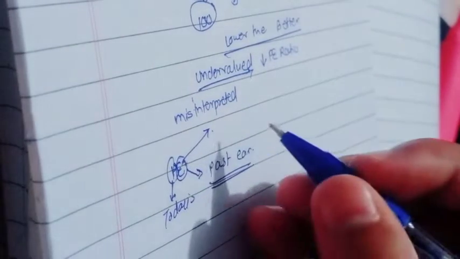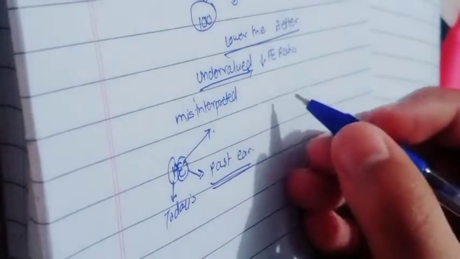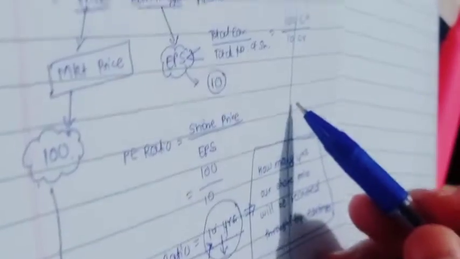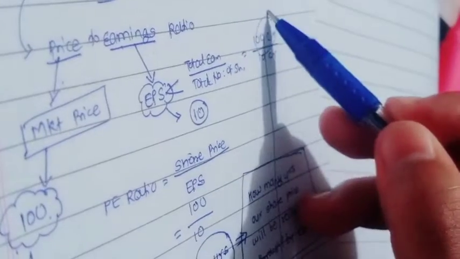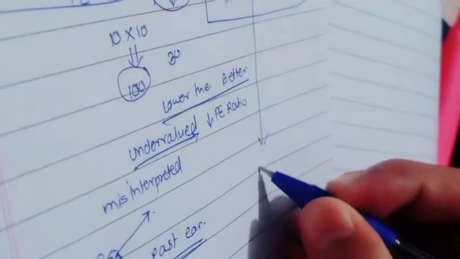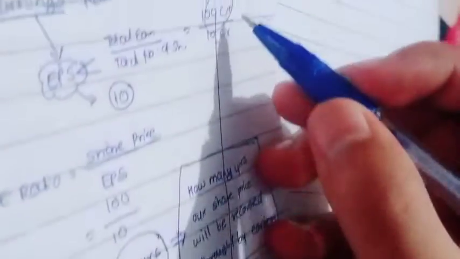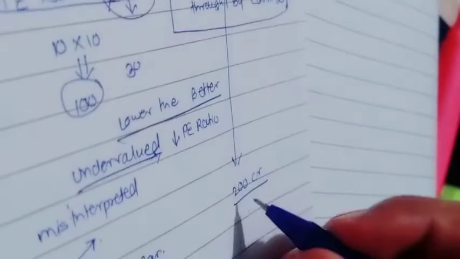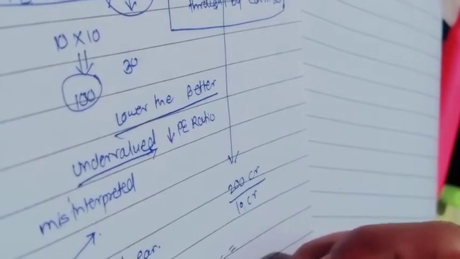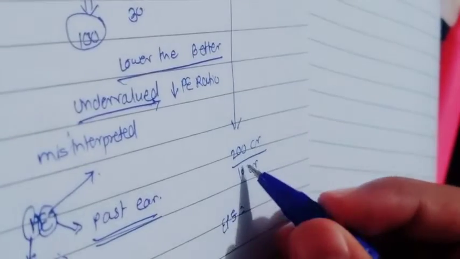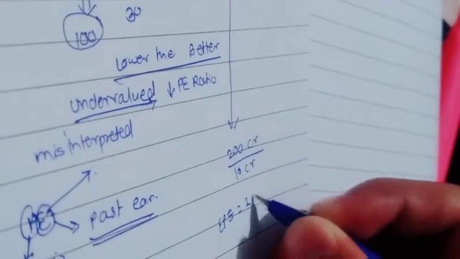So the future earnings can be very high. Suppose in this year our earnings were rupees 100 crore till now, but let's suppose now our earnings will be 200 crores and the number of shares, as earlier, is 10 crores. So here EPS will be rupees 20.